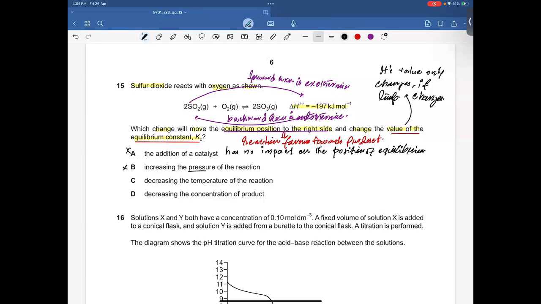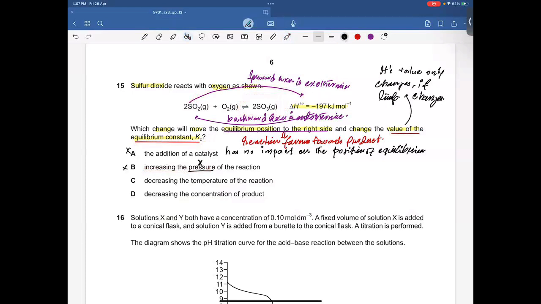It does not depend on the pressure. If we increase the pressure, equilibrium favors the right-hand side and the yield of sulfur trioxide increases, but pressure has no effect on the value of the equilibrium constant, which is why I need to cancel this option.